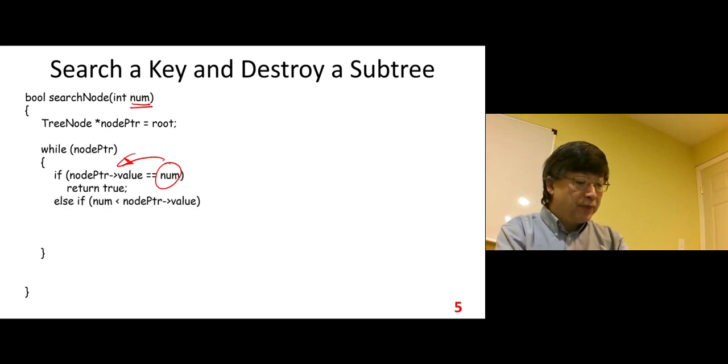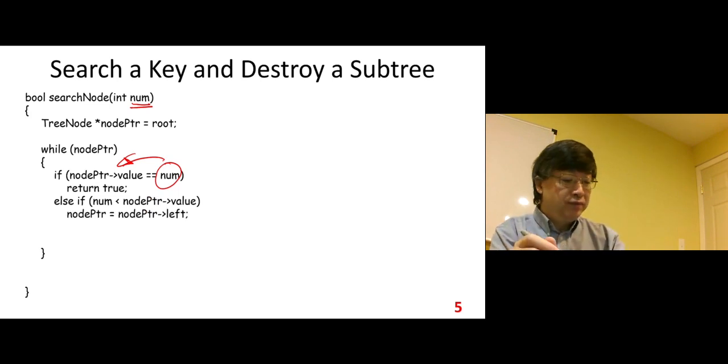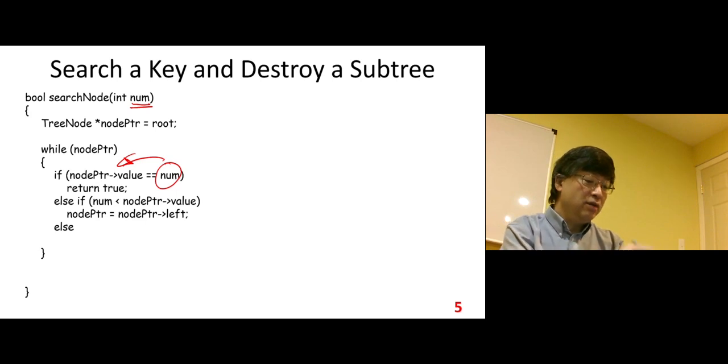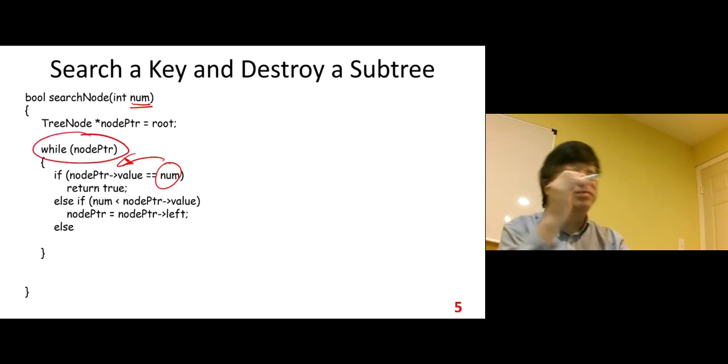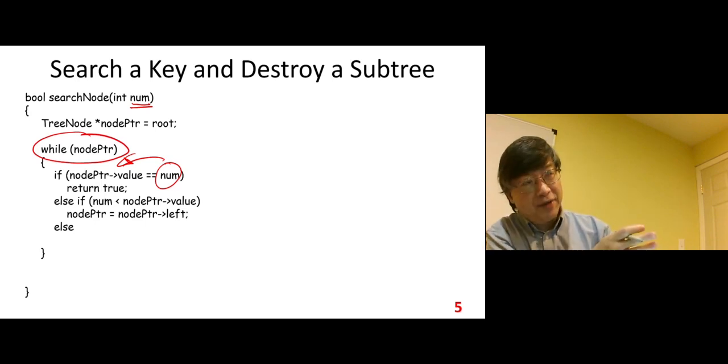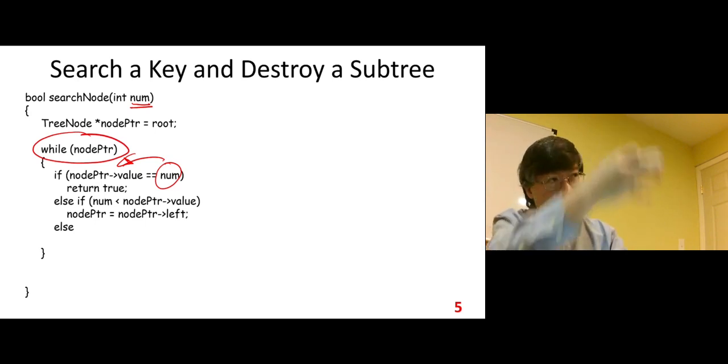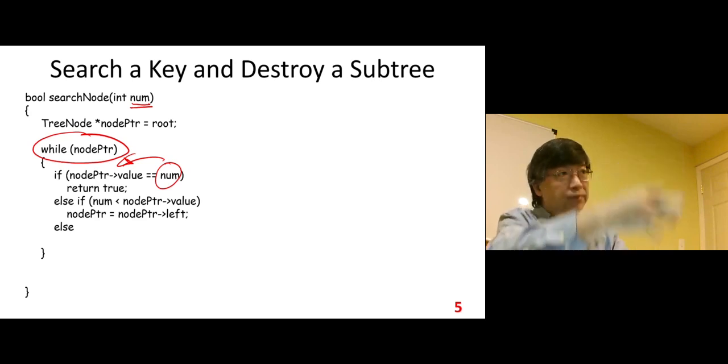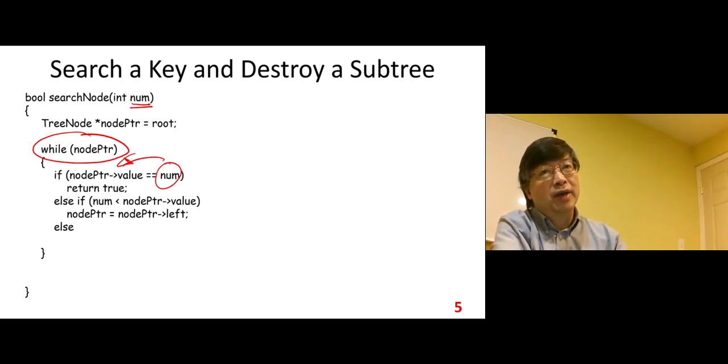If not equal and less than, you go to the left subtree, right? This time it's not recursion. It's a while loop. We go to the left subtree, but keep iterating inside this while loop. In this way, we can avoid recursion.